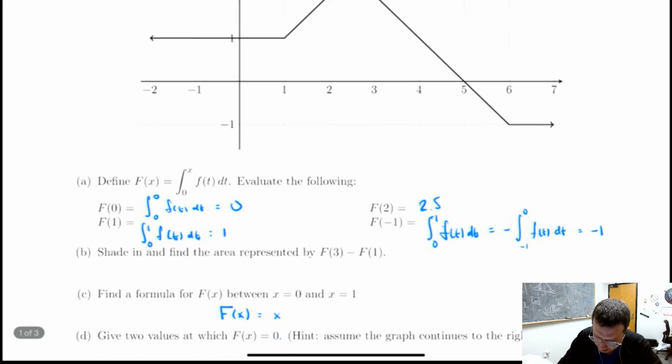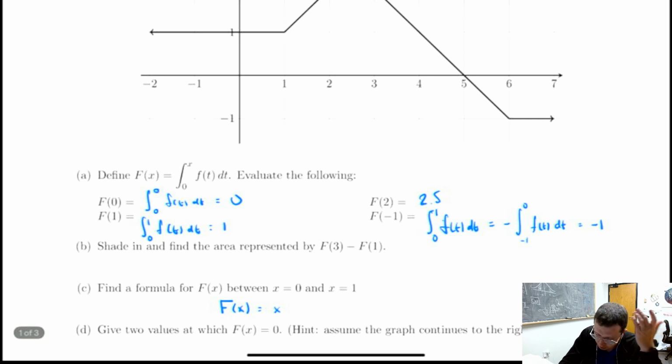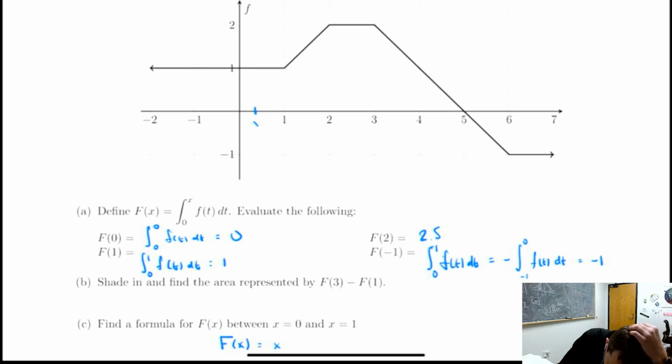Another way to see that, I could even think about values between 0 and 1. What if I pick a value x? Capital F of x is this area from 0 to x. That's a rectangle with a width of x and a height of 1.